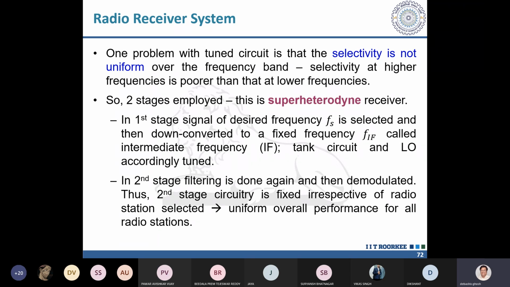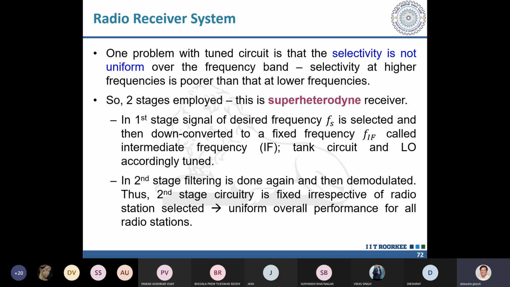So the super heterodyne receiver was developed to take care of that. What it will do is that in the first stage, whatever the signal frequency, whatever the channel frequency, it will pick up that signal and convert it by using the tank circuit and LO, just like what we were doing earlier. We will not convert it directly to the message signal frequency. We will not do the demodulation directly. We will convert it to a lower frequency, somewhere an intermediate frequency.